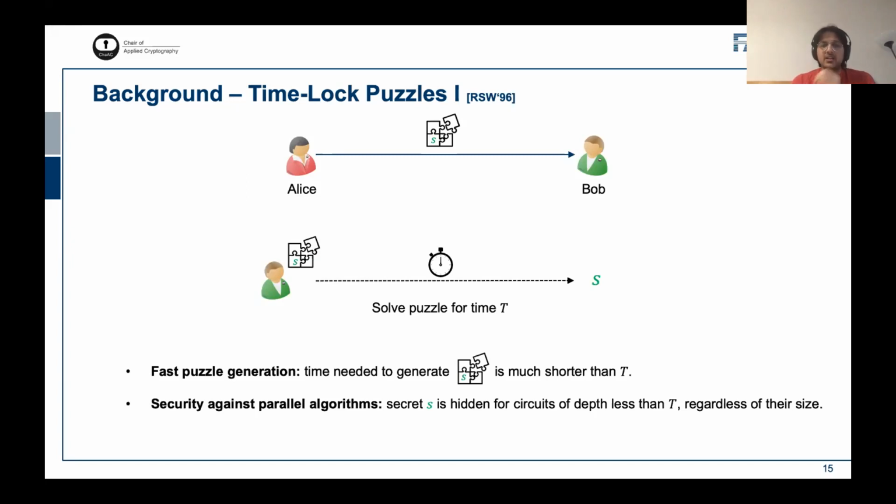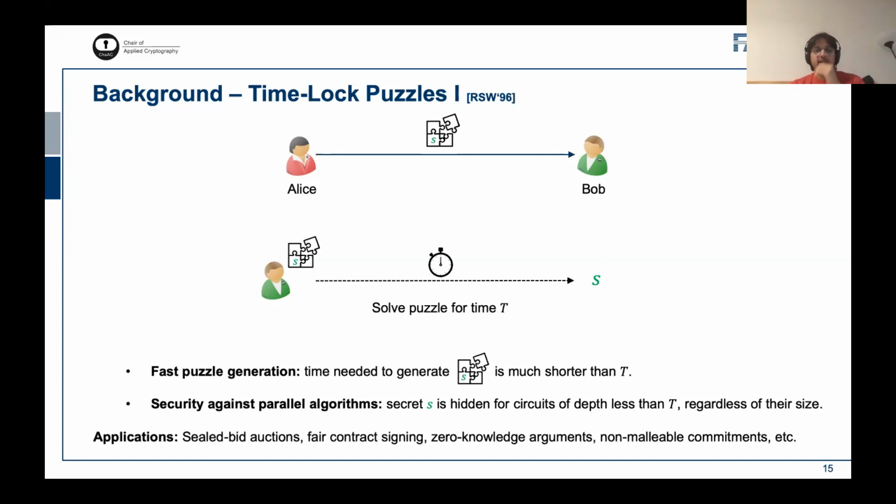And in terms of security, we want the puzzle to be secure against parallel algorithms, meaning that the secret that is embedded inside the puzzle is hidden for circuits of depth less than t, regardless of the size of the circuit. Meaning that before time t, a PRAM machine cannot learn any information about the secret that is embedded.